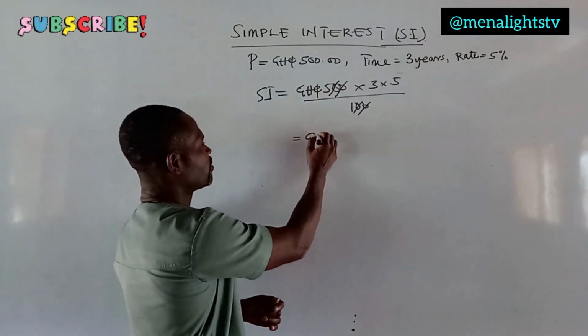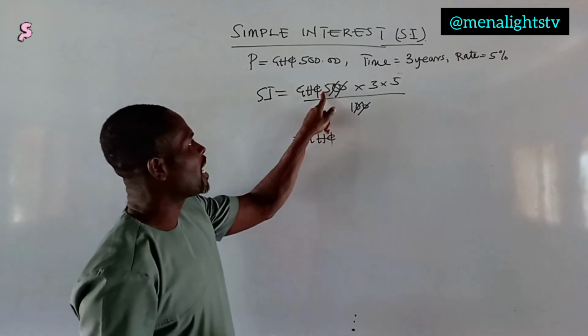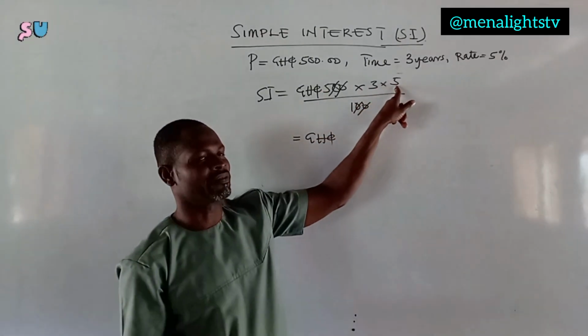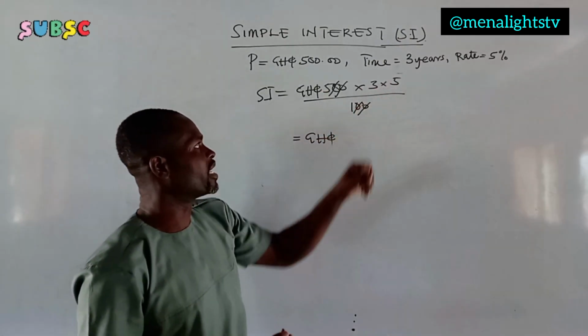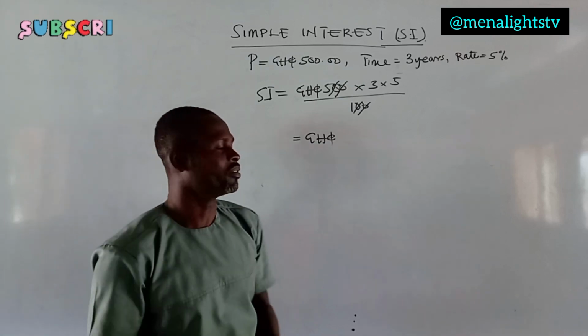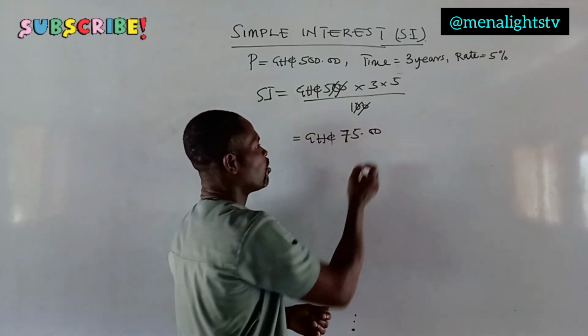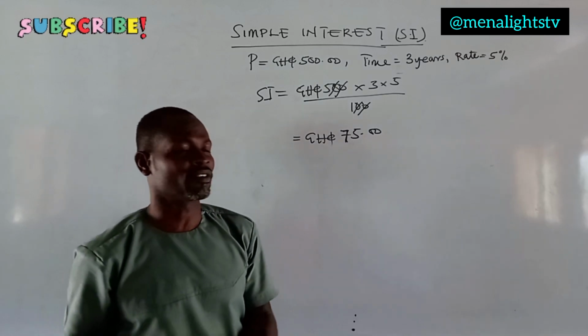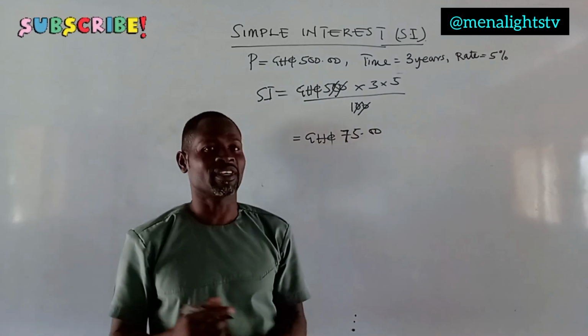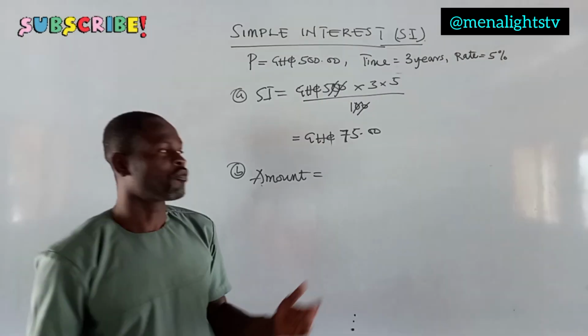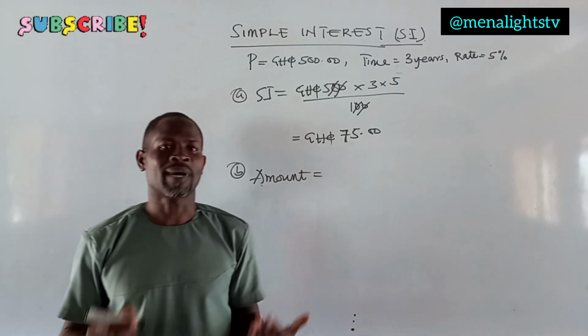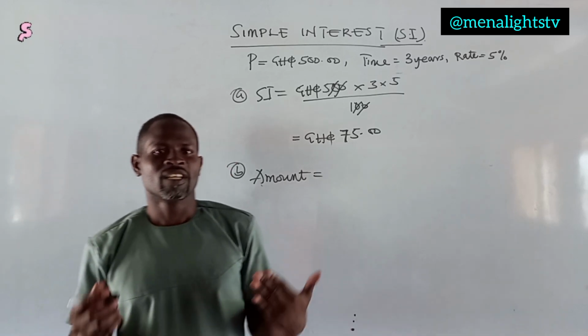Then we are left with 5 times 5, which gives us 25, and 25 times 3 gives us 75. So the simple interest on 500 cedis for 3 years at the rate of 5% is going to be 75 cedis.